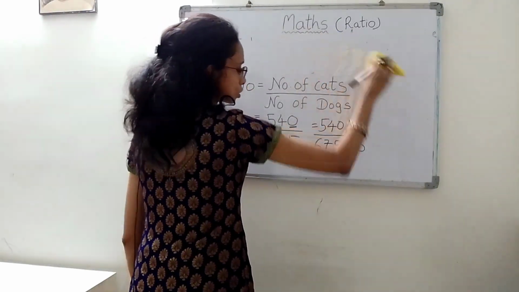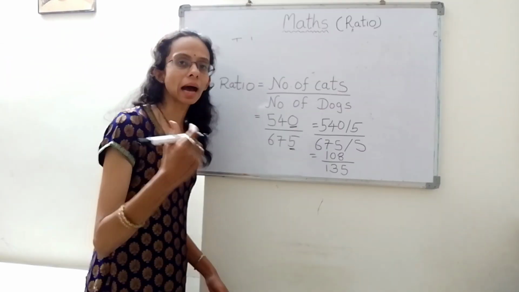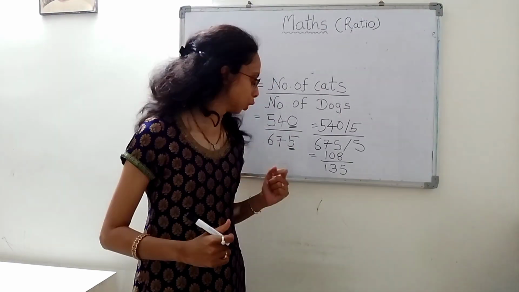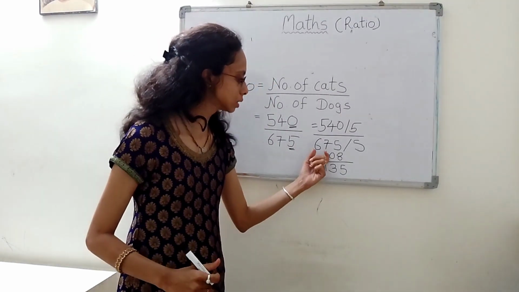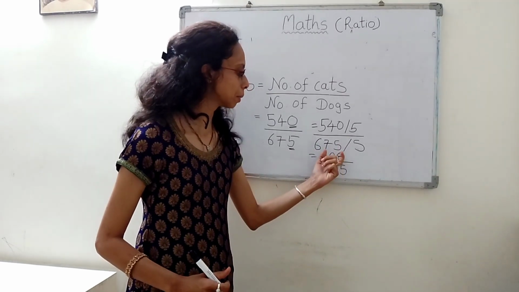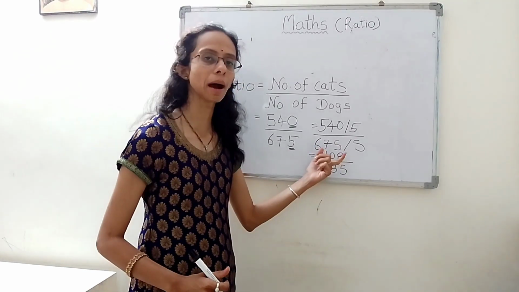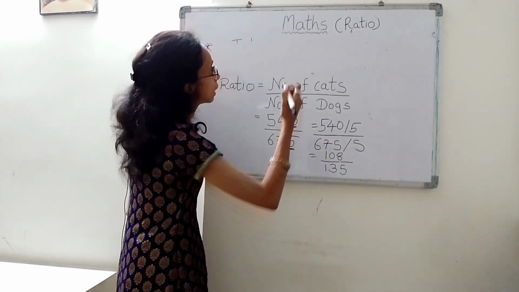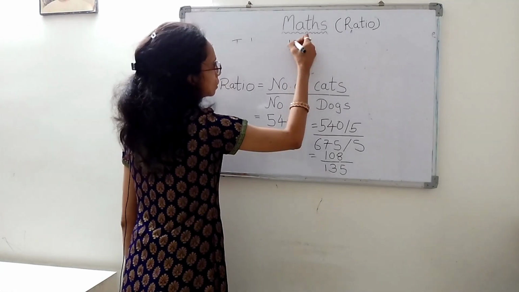So let us apply the divisibility rules again. As we all know, 108 is divisible by 9. So 108 divided by 9 is 12.